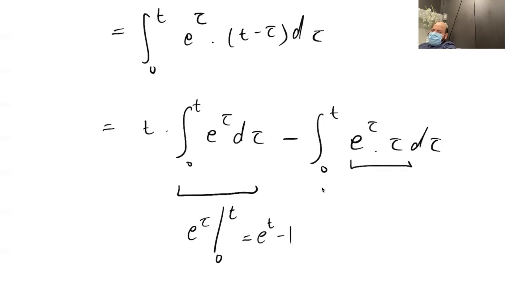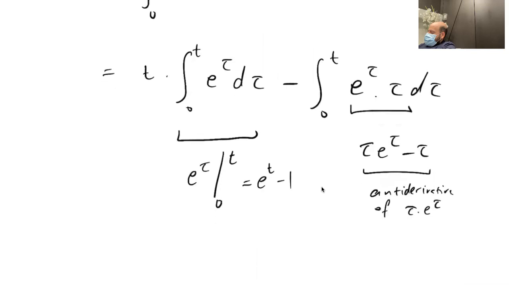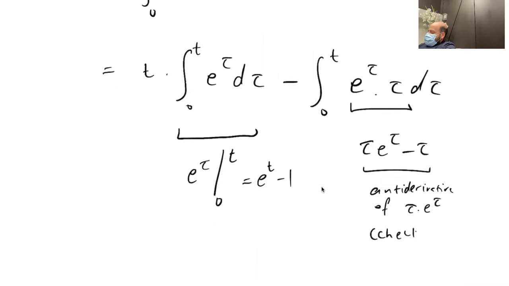And for this one, what is the antiderivative of tau e to the power tau? Well, we can use integration by parts to compute this antiderivative. It can be shown that it will be tau e to the power tau minus e to the power tau, which you can check by integration by parts, like an integral of x e to the power x can be computed using integration by parts.